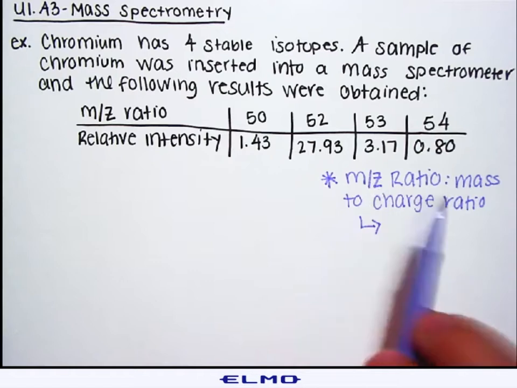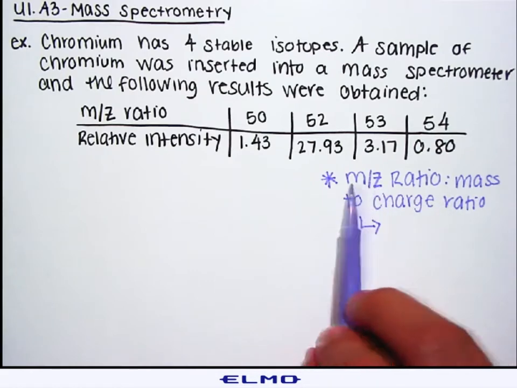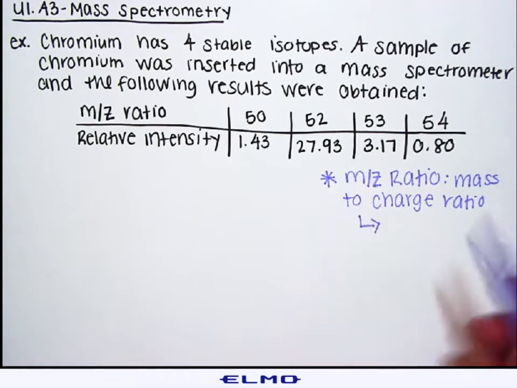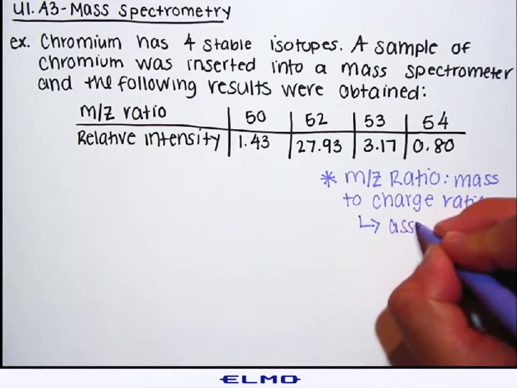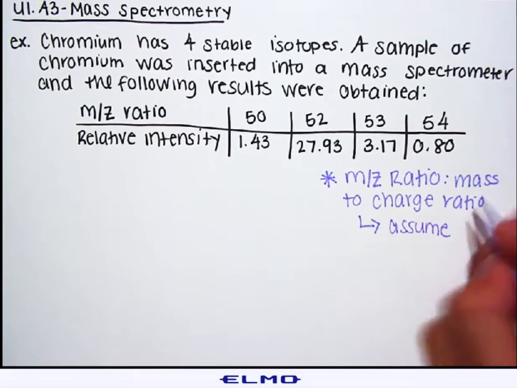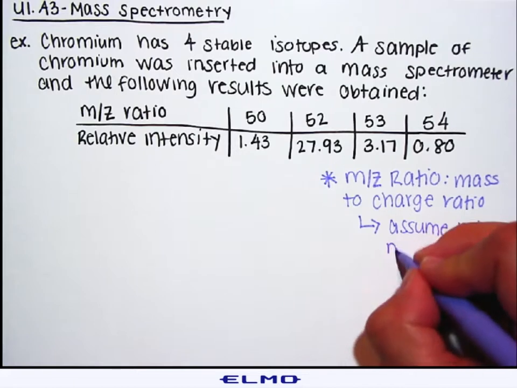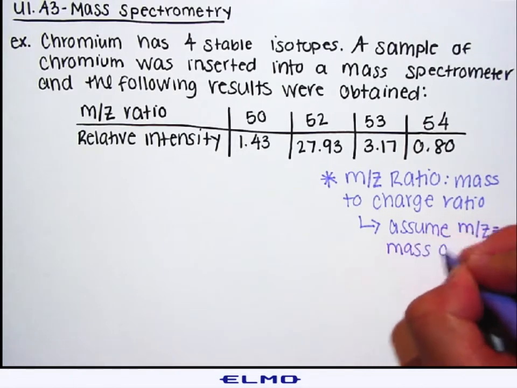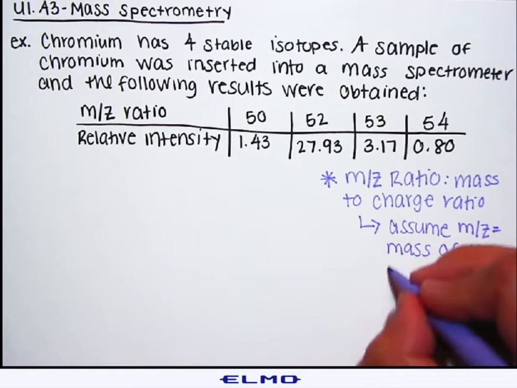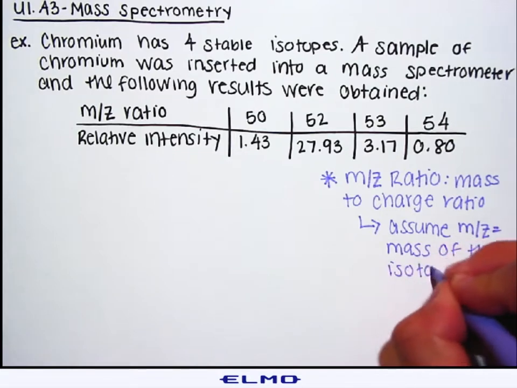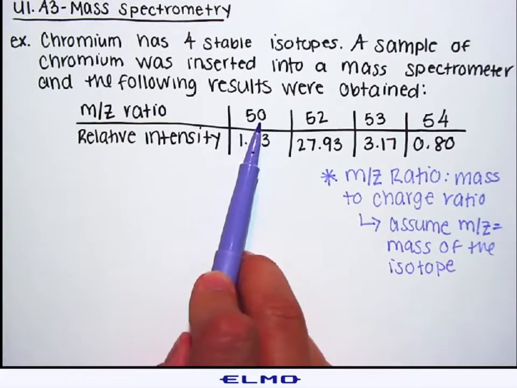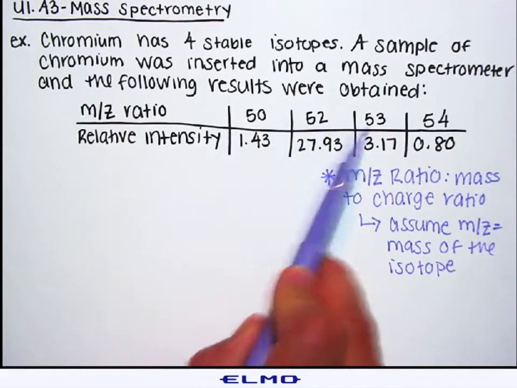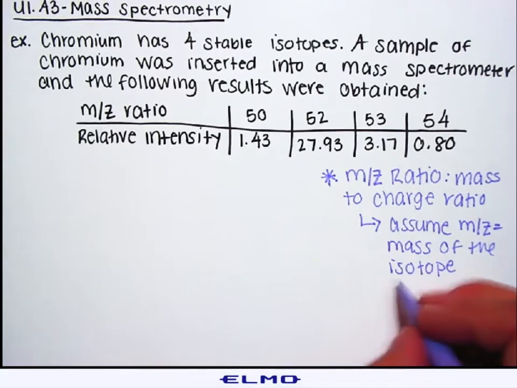It's usually going to be +1. So anything over +1 is just going to be itself. M is for mass. In our case, we are going to assume that the M to Z ratio is equal to the mass of the isotope. So this would be an isotope with a mass of 50 AMU, 52, 53, 54.